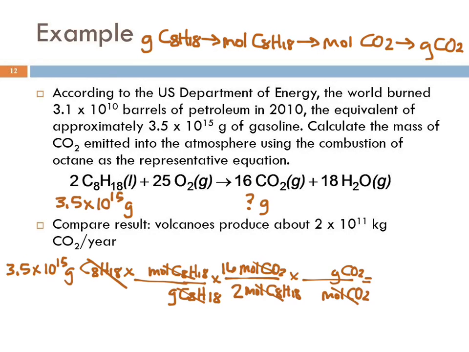The other 2, we need molar masses. Okay, so C8H18. We've got 8 times the mass of carbon, 12.01, plus 18 times the mass of hydrogen, 1.008. 114.224.